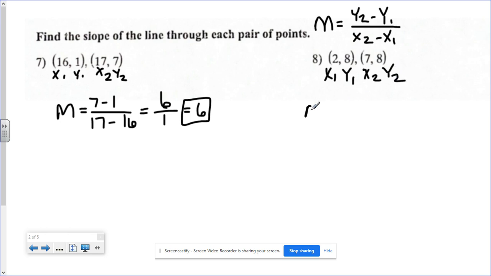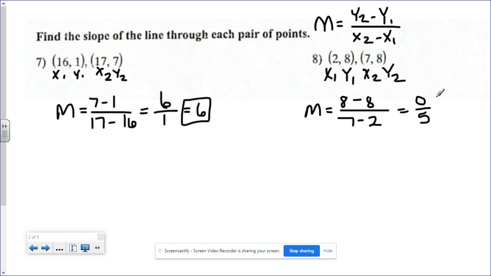And I'm going to plug it all into the equation. y2 minus y1 would be 8 minus 8. x2 minus x1, that'd be 7 minus 2. So 8 minus 8 is 0. 7 minus 2 is 5.